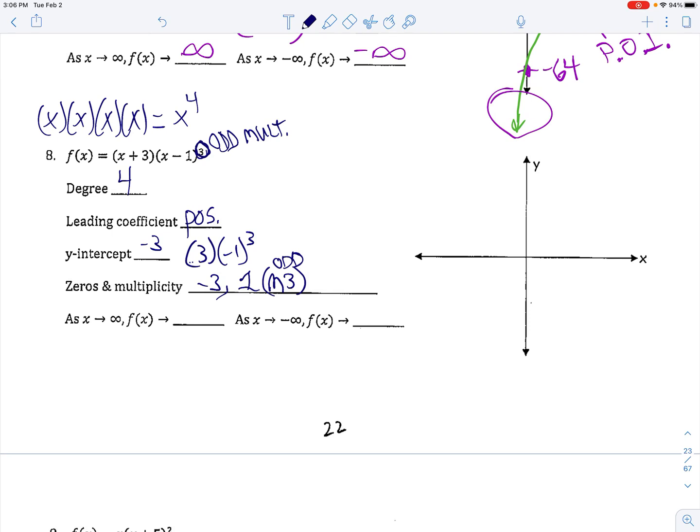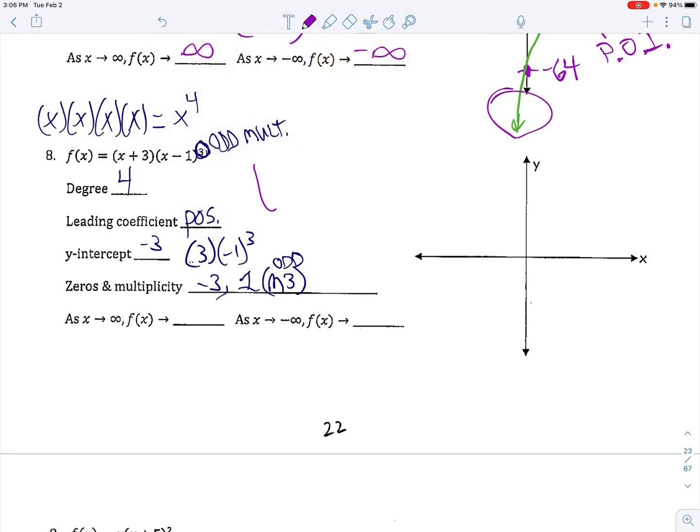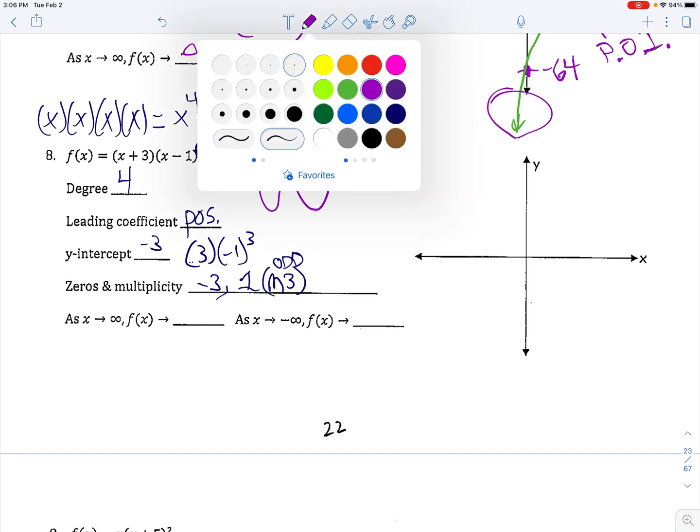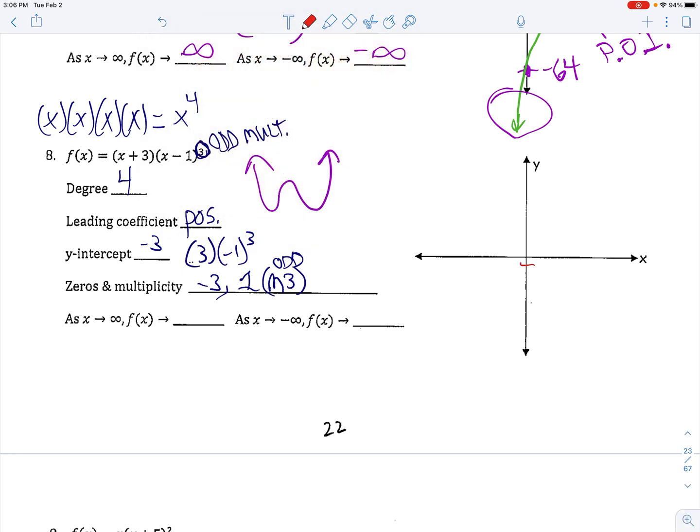All right, so we have a degree 4 here with a positive leading coefficient. So the general shape of that is a W. Let's plot the points here.